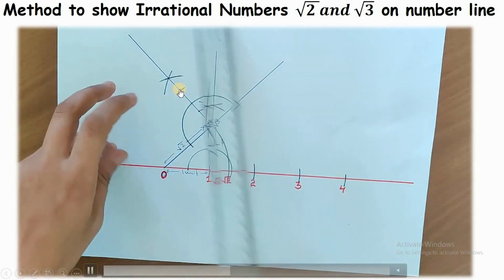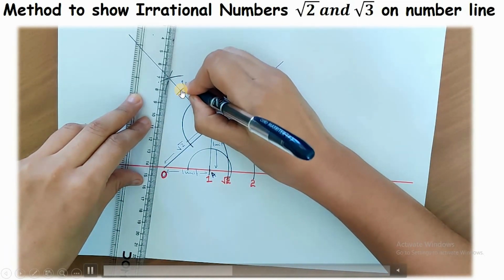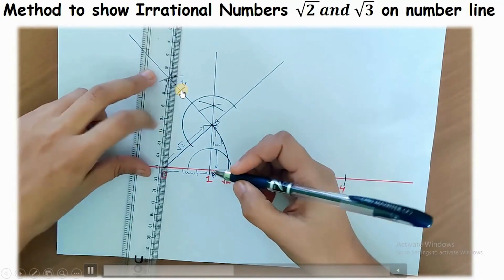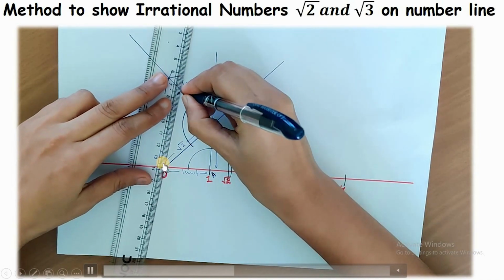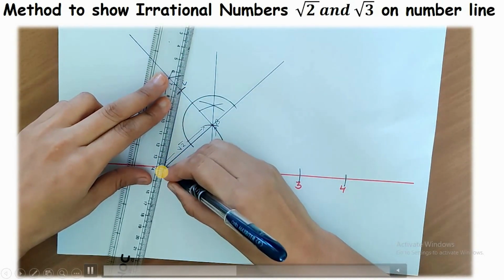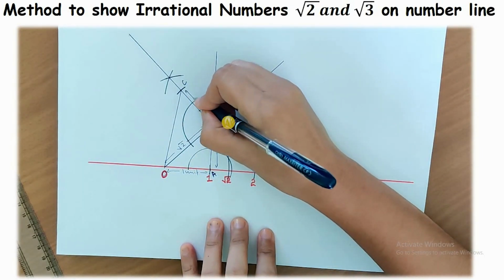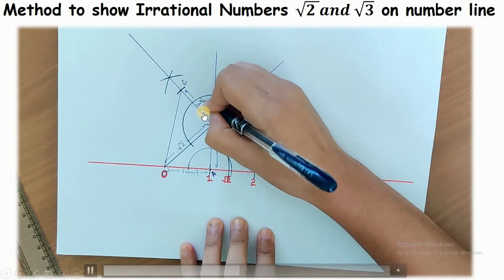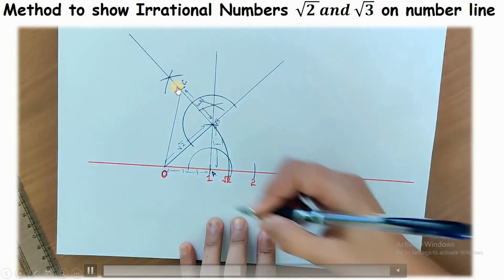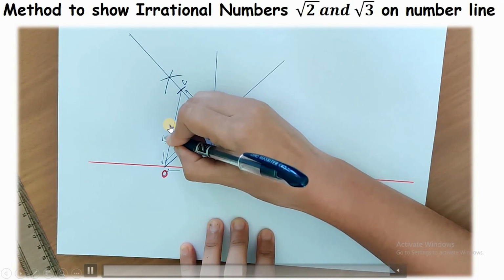And join these 2 points, and we'll name this point as C, and join C to O. Now OB is root 2 and BC is 1 unit, so OC will be our square root of 3.